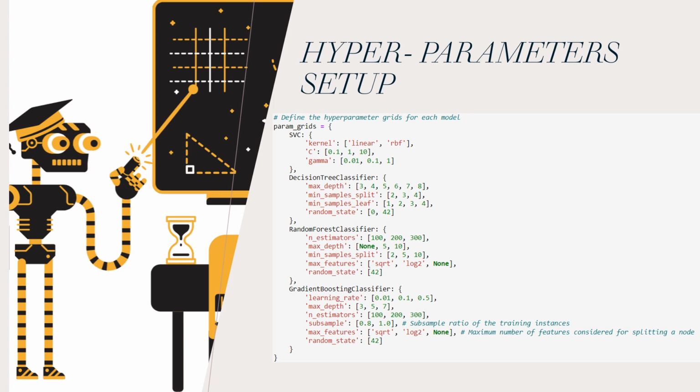This is the coding which I have created for the grid search pattern. In the grid search method, I have given all the parameters for each model, and then based on that I am running the models on three values of cross-fold validation.